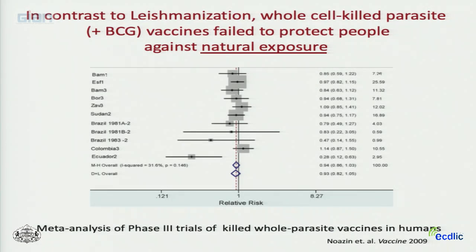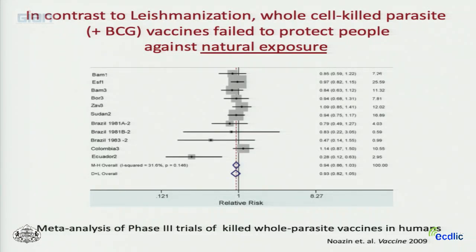So why is that? Why do these things work pretty well in these mouse models, but not in humans? Well, there's a lot of differences between mice and humans, but just in terms of how these trials were done, how the vaccines were evaluated, the mice were evaluated with a needle inoculum. And these trials, obviously, this is a natural exposure.